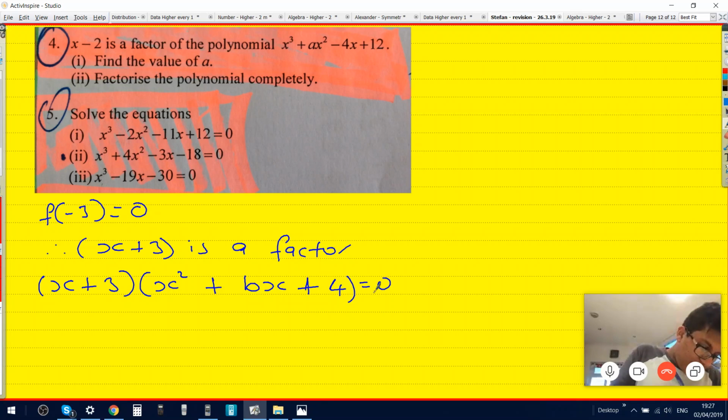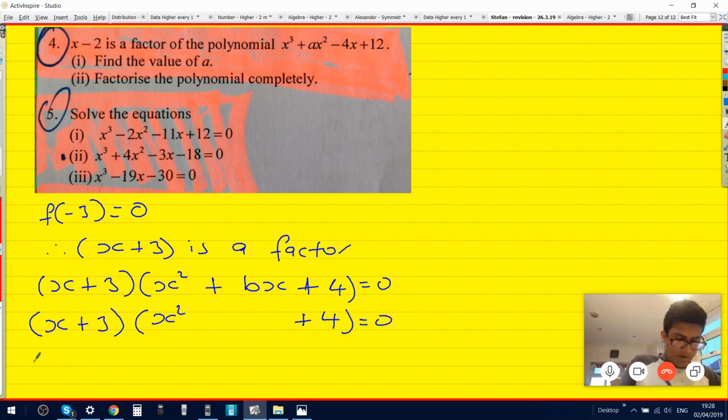So I've got x plus 3 is the first factor, and then x squared minus 4. X plus 3. And then you factorize this, x minus... you could say x minus 1 and x minus 4, I think.